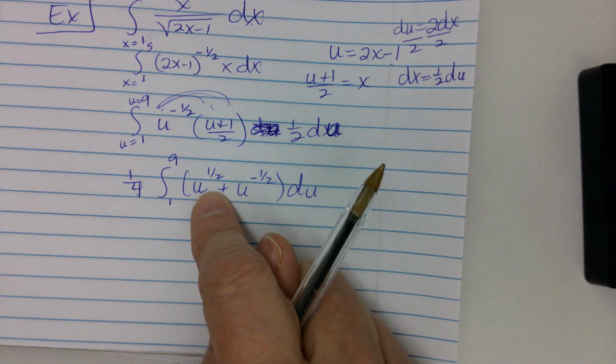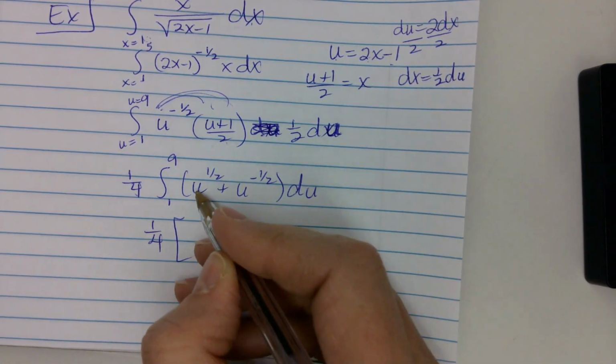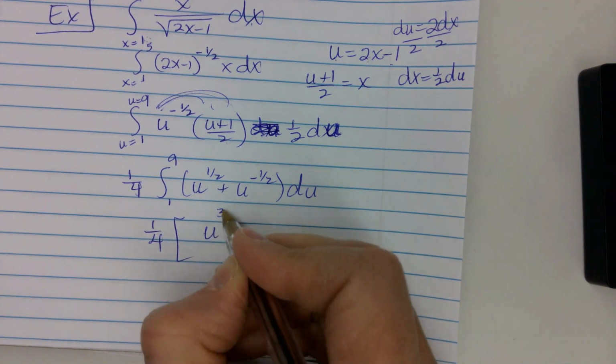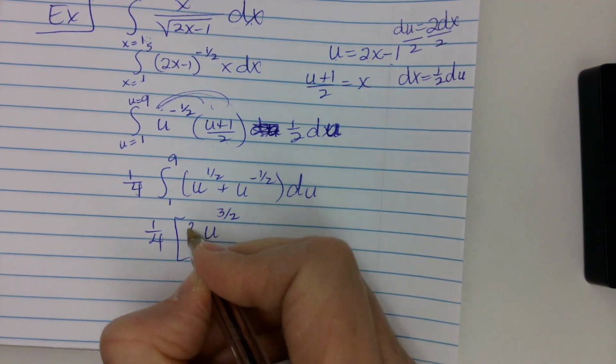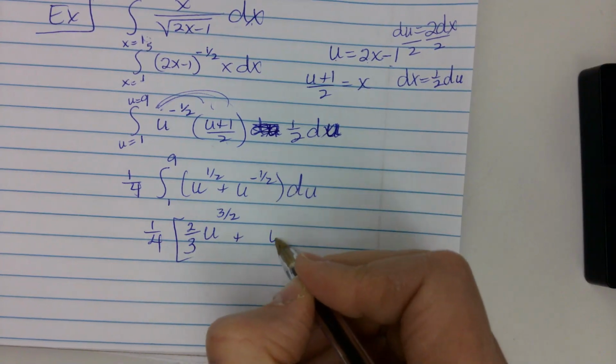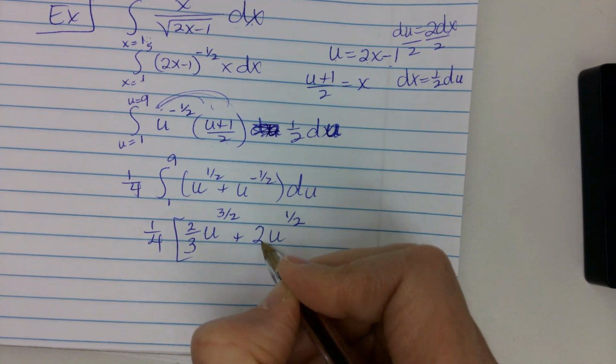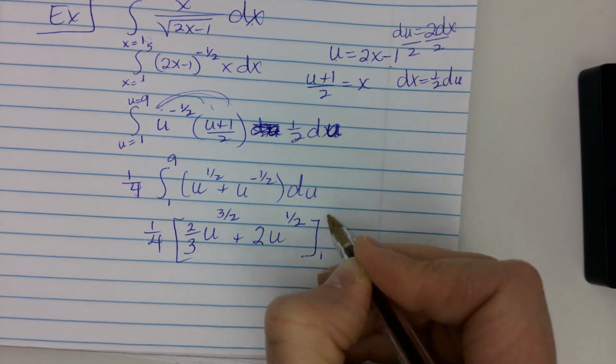I still have not integrated. But now I am integrating. Add 1 to the power. Divide by 3/2 is multiplying by 2/3. Add 1 to this one. Dividing by 1/2 is multiplying by 2/1.